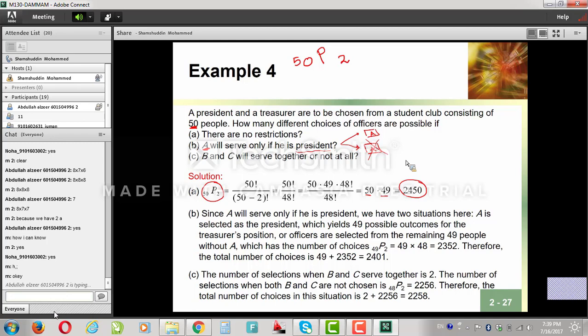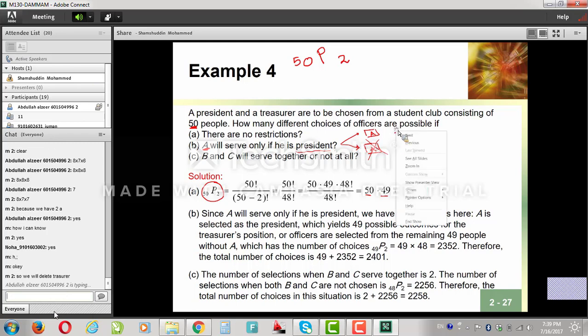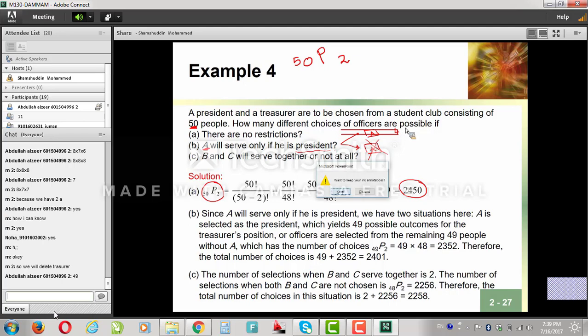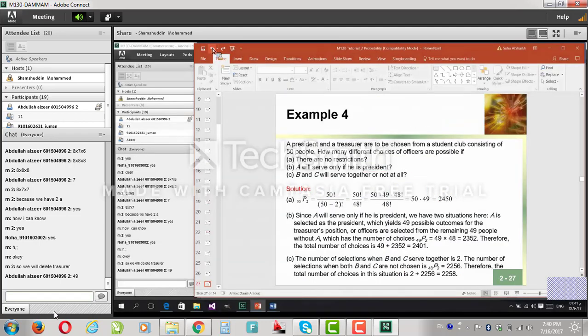A will be with me in the game if he's a president, and in the other option A will not play at all.